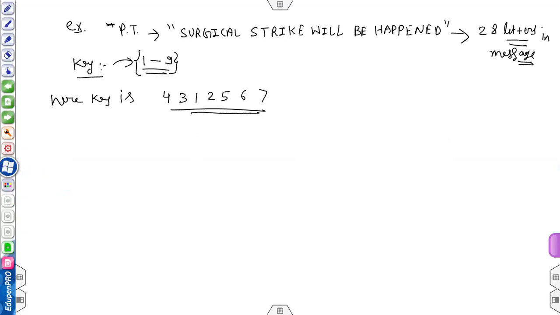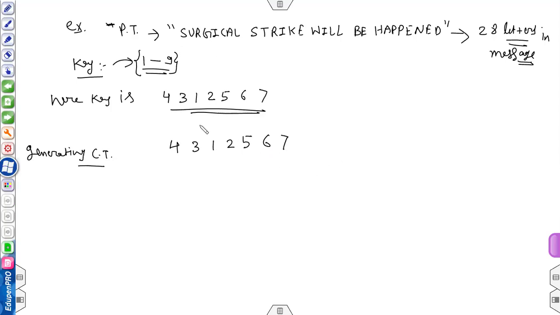So for generating the cipher text, I'm writing the key as it is here: 4, 3, 1, 2, 5, 6, 7.